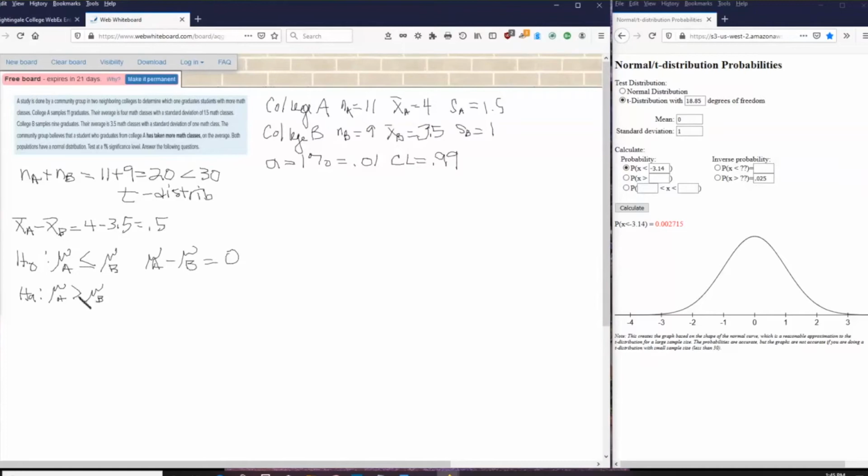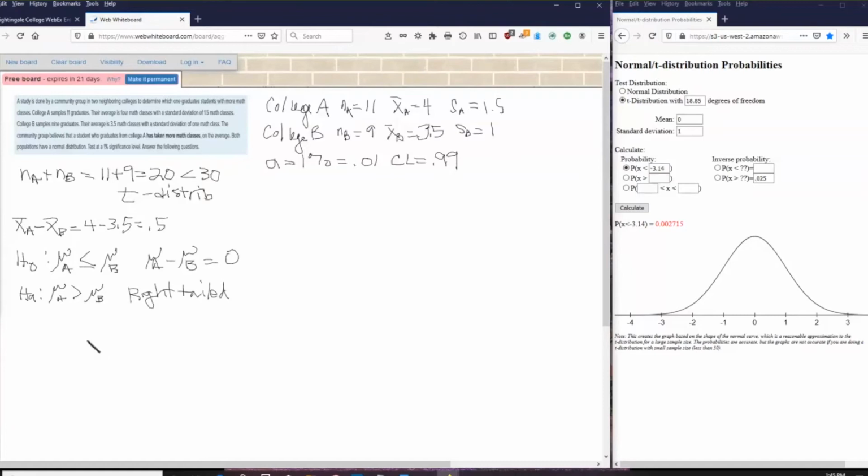And this bottom one, because our alternative hypothesis has the greater than sign, tells us this is going to be a right-tailed test. If this had been a not equal sign here, then that would have made it a two-tailed test.